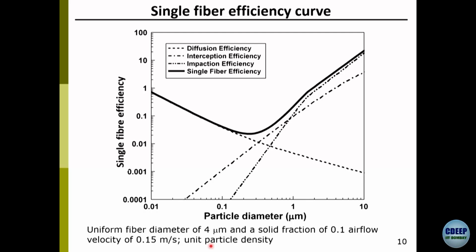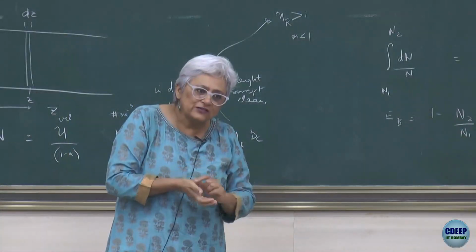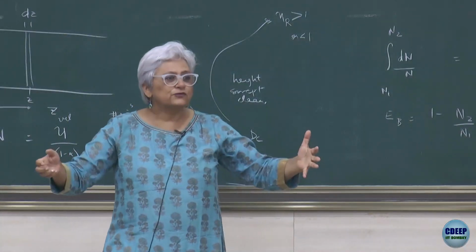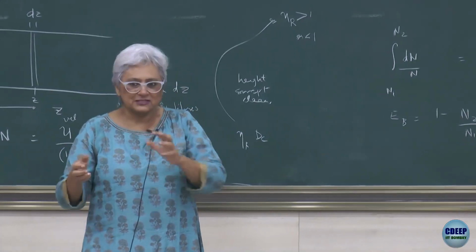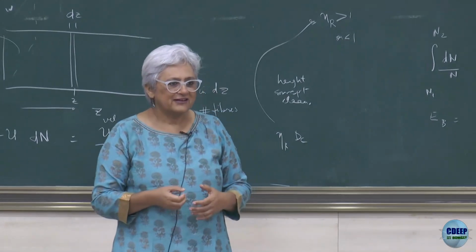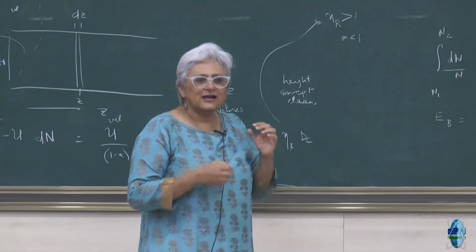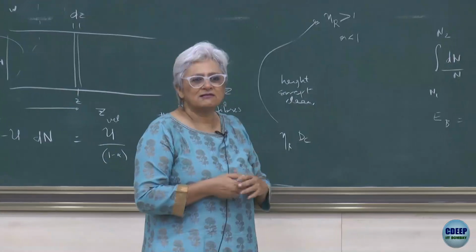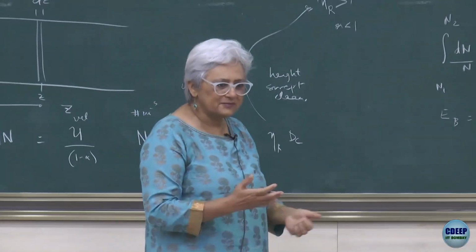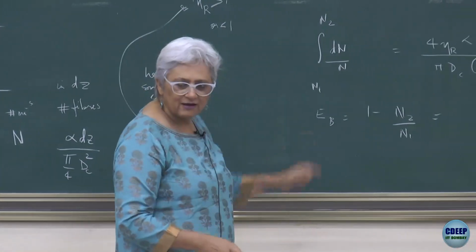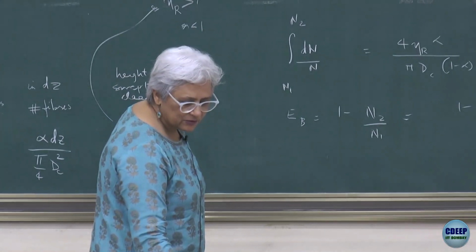This 4 micron is not nearly a small enough fiber diameter to start seeing that effect. And also this is at a particular phase velocity of 15 centimeter per second. You can understand that if you had much smaller phase velocities, the fluid will have much more time within the filter bed for that diffusion to happen, right? And so either you go to much smaller fibers, or you give it more time, then your eta r on the other side can go down.